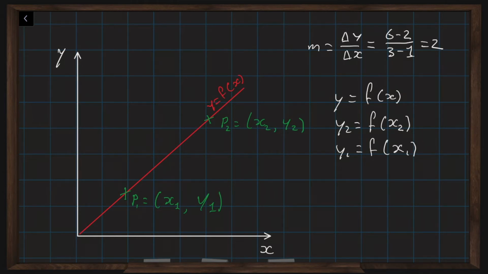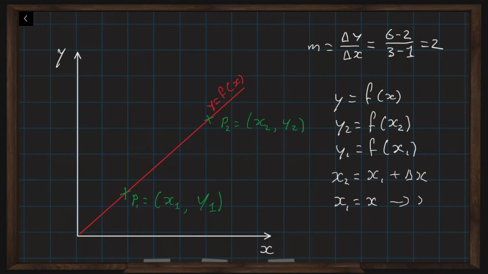But then let's have a think about what x2 really is. Well, x2 is equal to x1 plus the change in x, or delta x. And this then allows us to get rid of these little subscripts, so we can write x1 as equal to, well, just x.